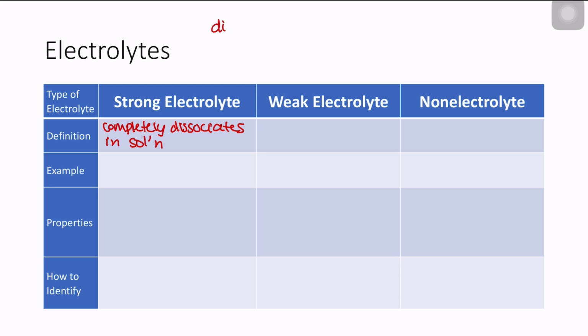Now, dissociation, or dissociates, just simply means that it breaks up in solution. Because solution can be kind of a long word, we sometimes use the abbreviation sol'n. So that means solution. So a strong electrolyte is something that completely breaks up in solution. It completely dissociates in solution.